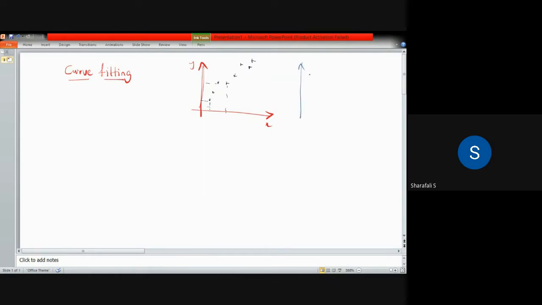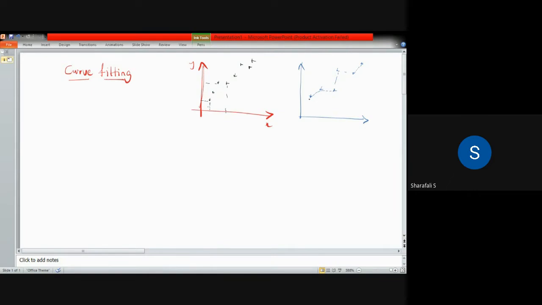Let us consider it like this. You have one point here, another point here, some point here, something like this. If you connect all these points, it will be like this.